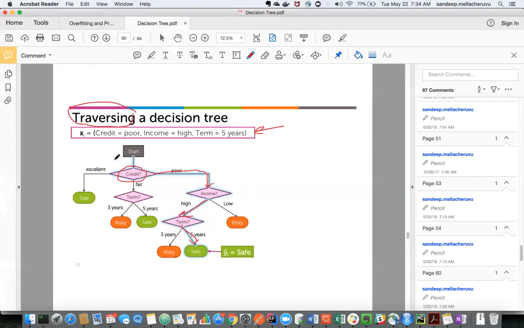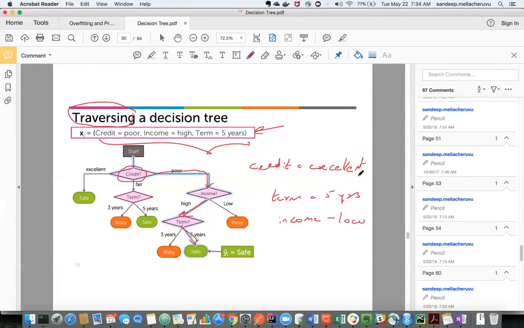You can easily say: when credit is poor, income is high, and term is 5 years, according to the decision tree it is predicted as a safe loan. With this data, you are always going to predict a safe loan. Or someone gives some other example, let's say credit equal to excellent and term equal to 5 years and income is low.